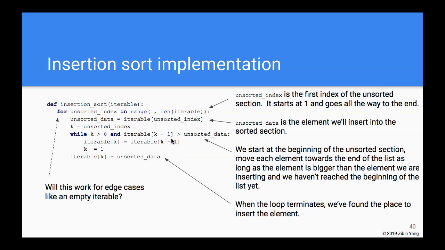Now, with any algorithm that loops while looking at indexes, make absolutely certain that you understand why it's a -1 here, and why this is k rather than k minus 1. The only way to really understand it is to trace through the code with an actual list.